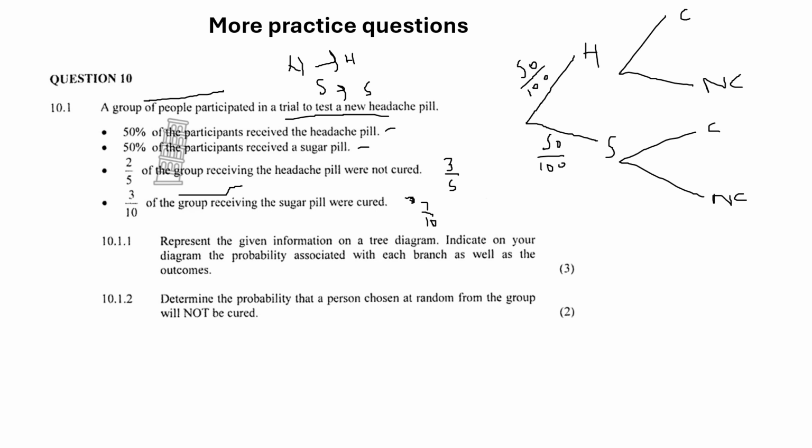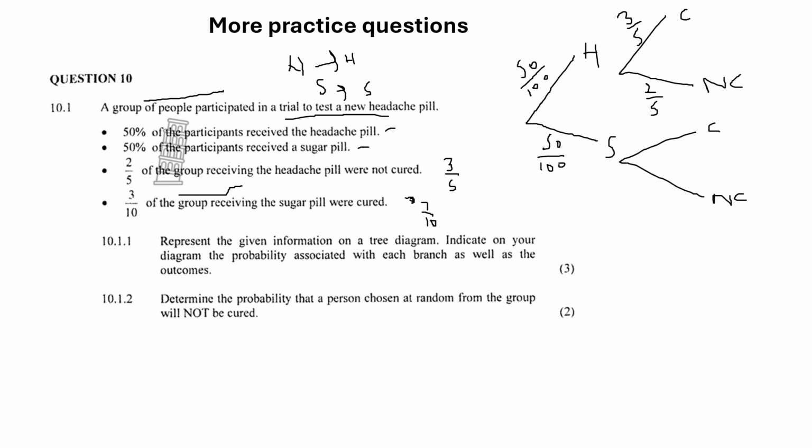Then we are being told that for the ones on headache, 2 over 5 were not cured, which is this one here. So 2 over 5 are not cured, meaning 3 over 5 must be cured, because we use the overall number of 5 there.